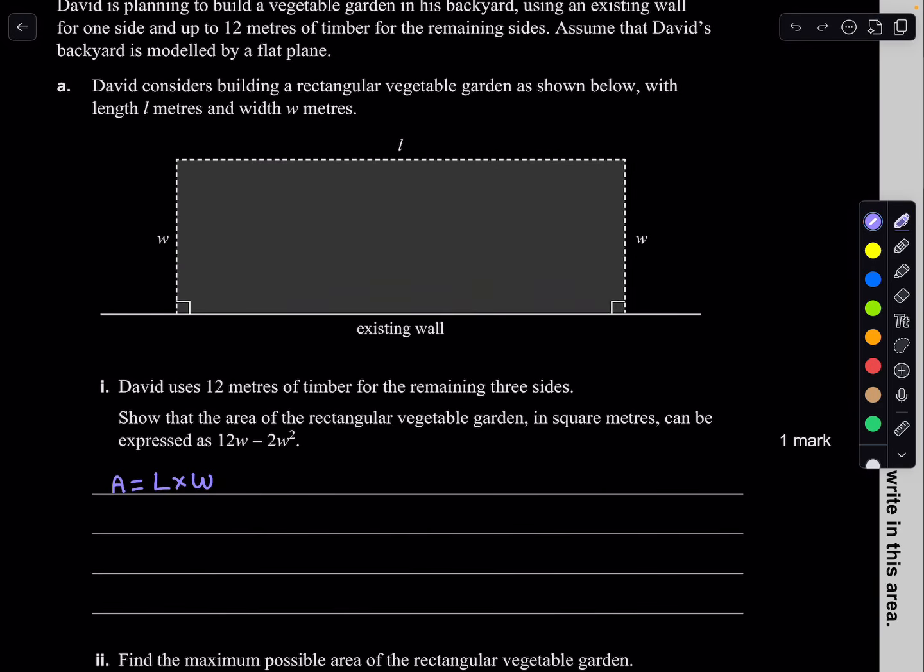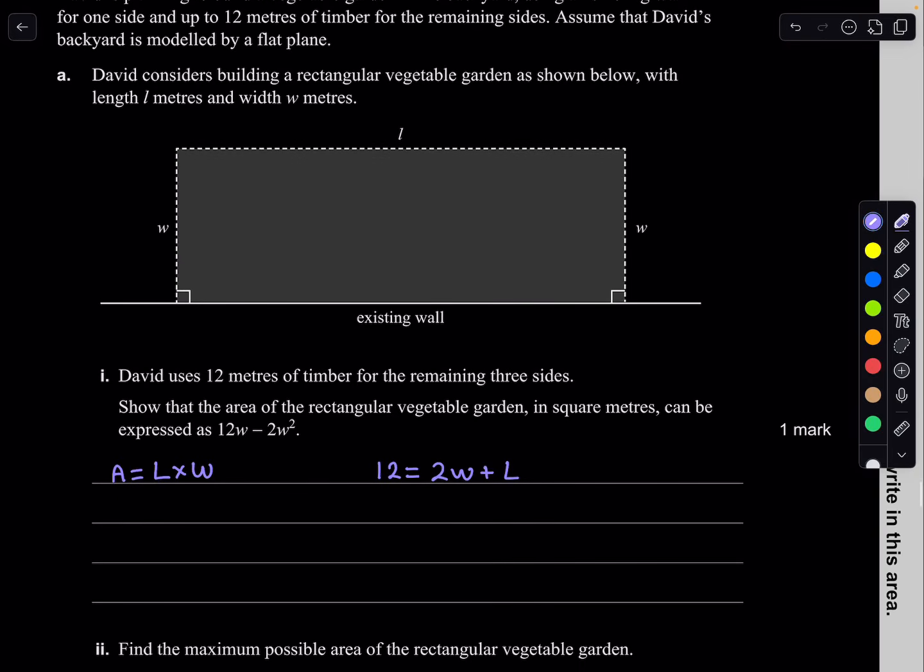Remember your timber, let's call it T, is adding the 3 sides. So W, the length, plus W, so basically 2W plus length. And we know our timber is 12, so we can put 12 in there, and we can make L the subject. If we make L the subject, it'll be 12 minus 2W.